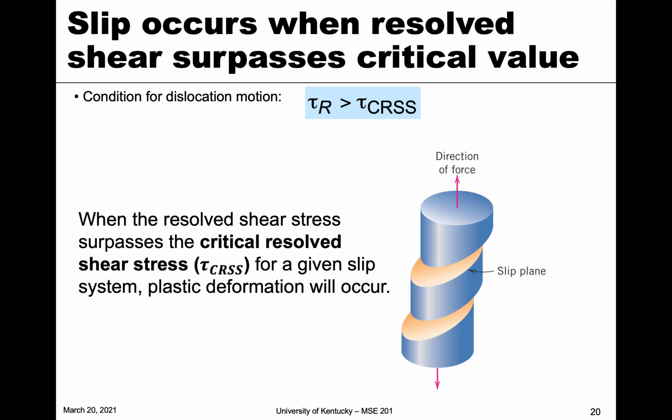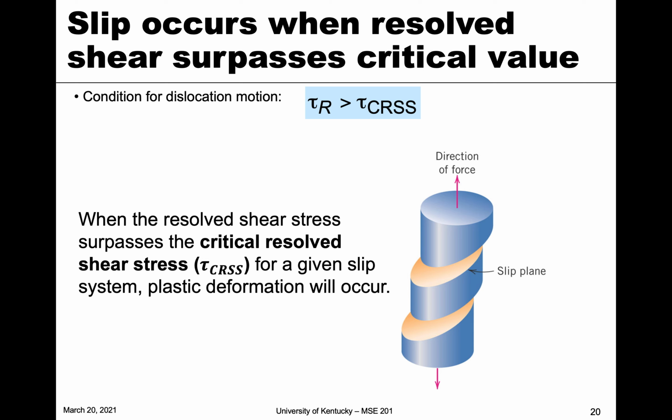Okay, so now we want to look at the situation where slip occurs on one of these planes and slip systems that we talk about. And the condition for slip to occur is when that resolved shear stress that we just talked about surpasses a critical value.